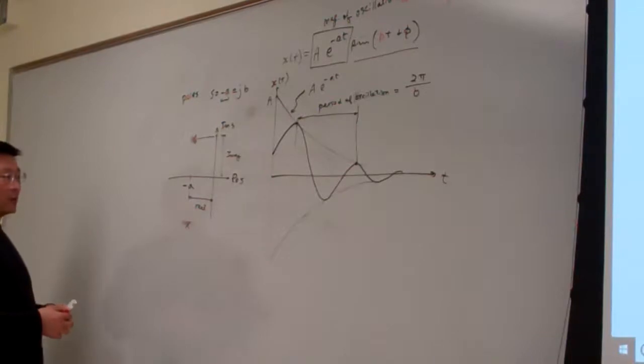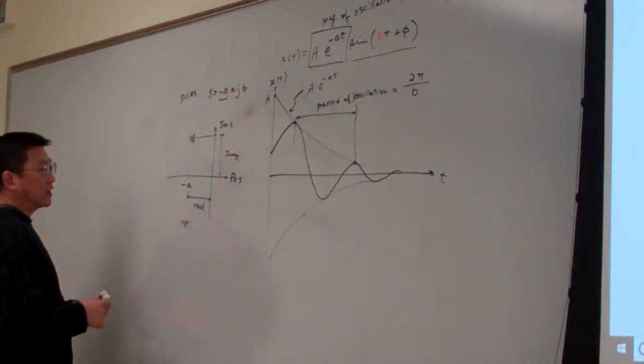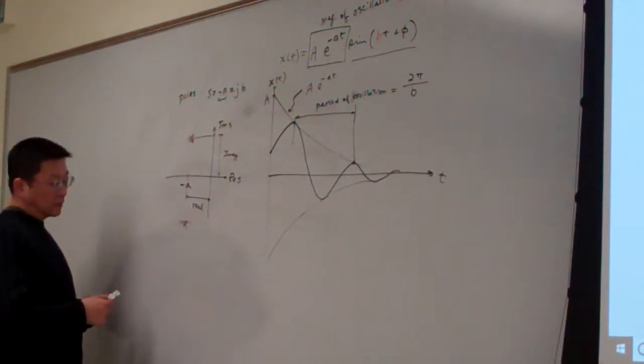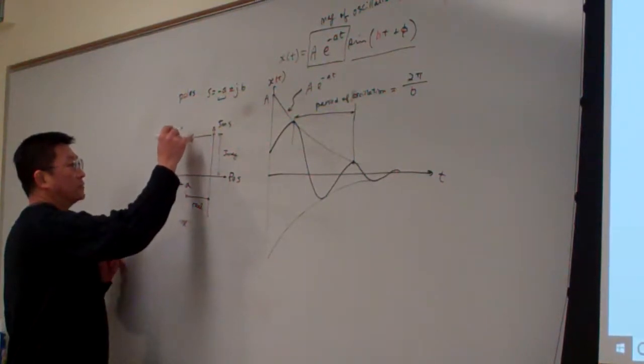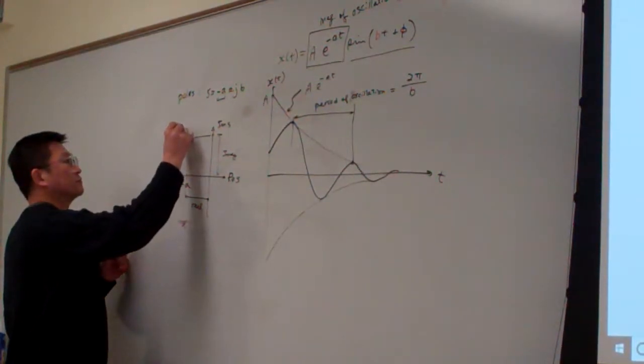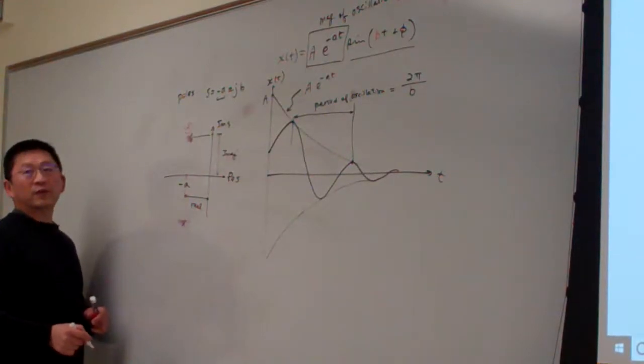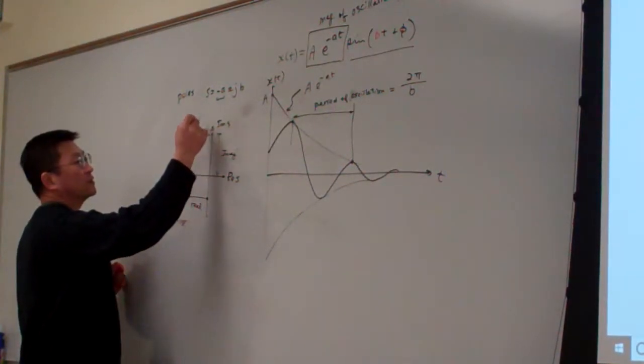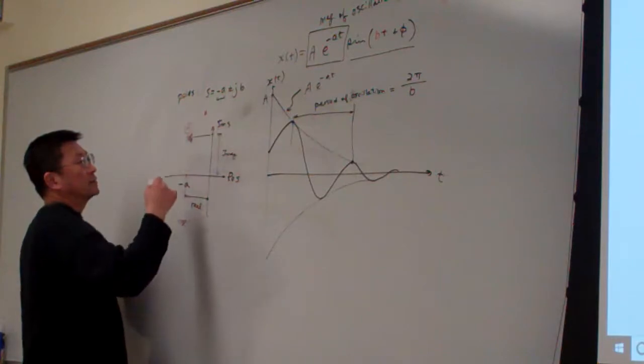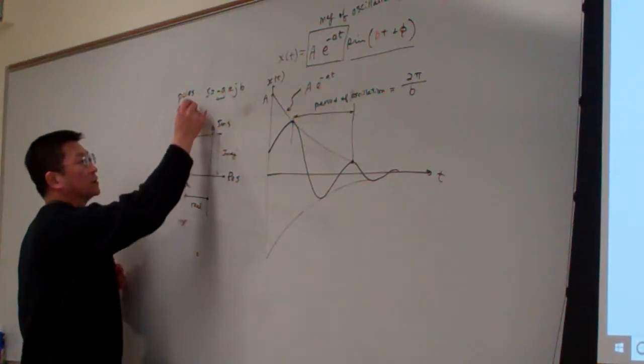So here we can make one example. Say this is for system A, compared to system B, which is here.